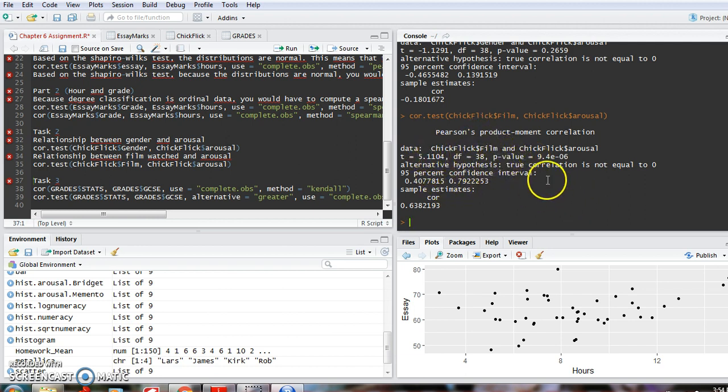Essentially, this p-value is less than 0.05, so this gives us a significant correlation between film and arousal. The correlation coefficient for this one is 0.683, so that's a fairly strong correlation between these two values. That's kind of neat.